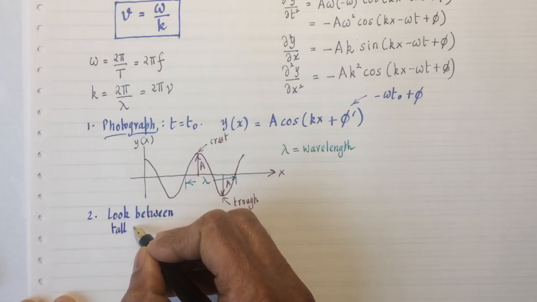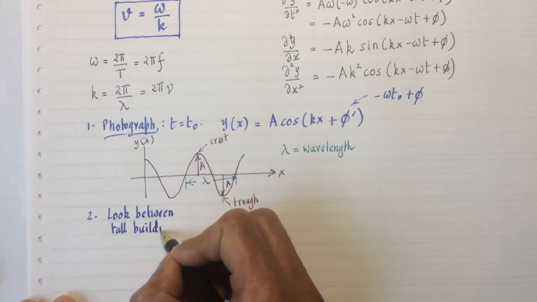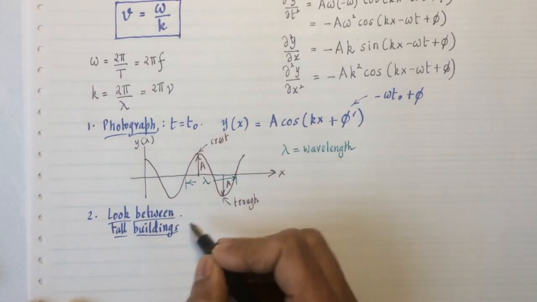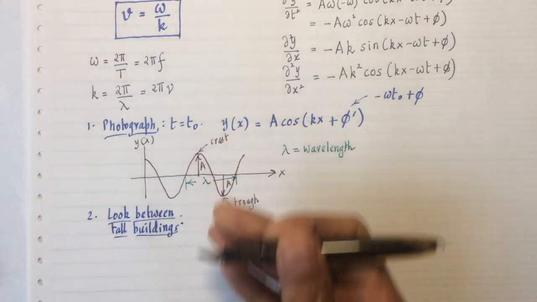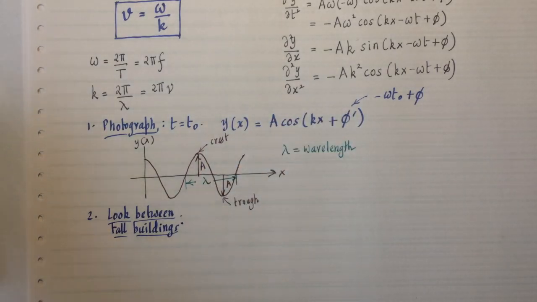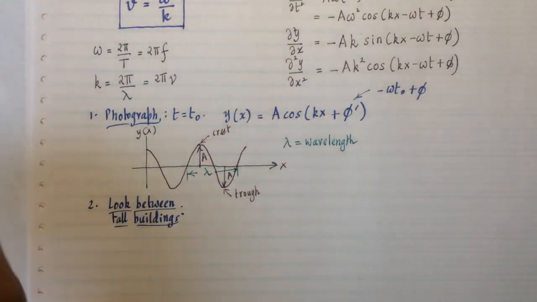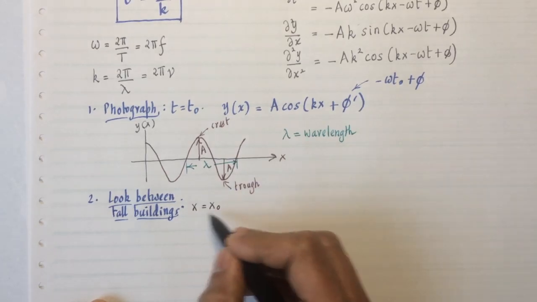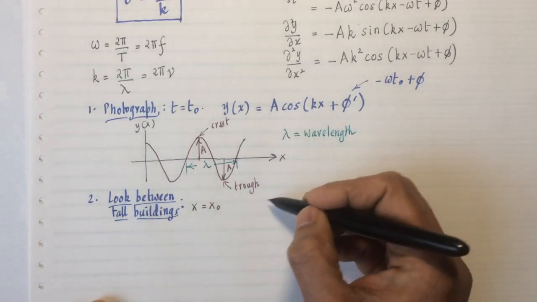Nobody can see the ocean unless they actually book one of the hotel rooms. Between two tall buildings, you can just barely see the ocean, and you'll just see the water level going up and down with respect to time. That's the simple harmonic aspect that you'll be able to see very clearly. So here we are fixing x equals x naught, the location of the chink between two tall buildings.